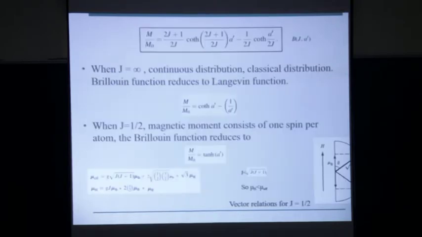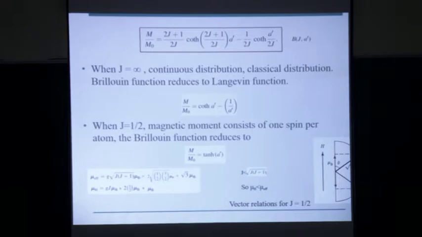Okay. So M by M0 is given by this function, which we now call the Brillouin function. As I told you, for the classical case, J is infinity.